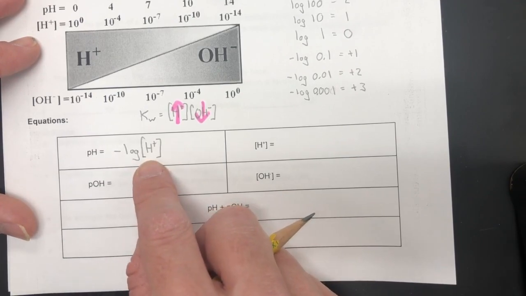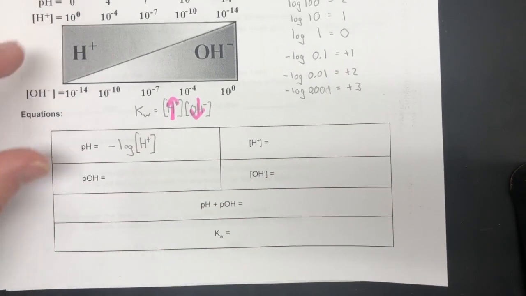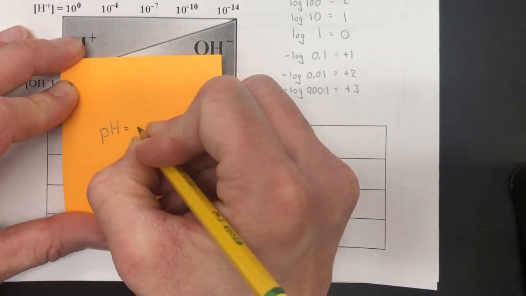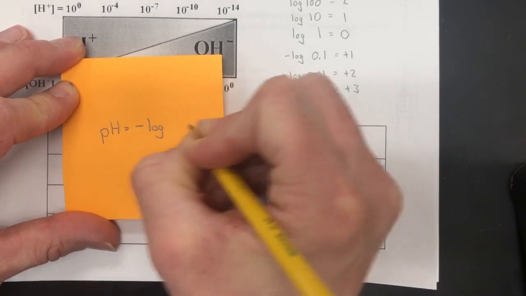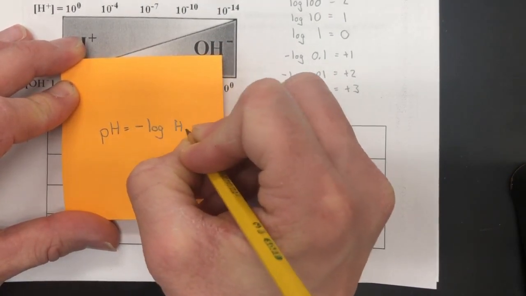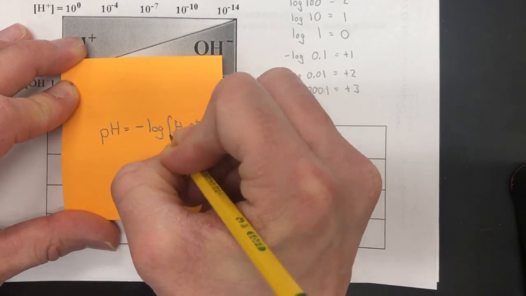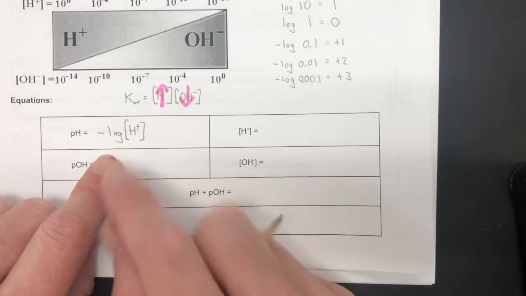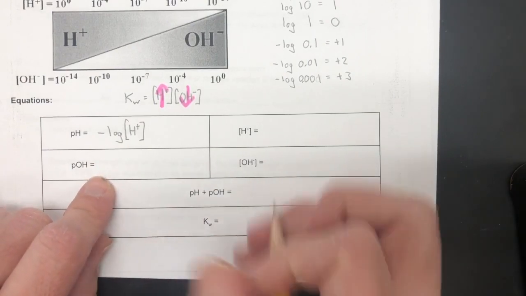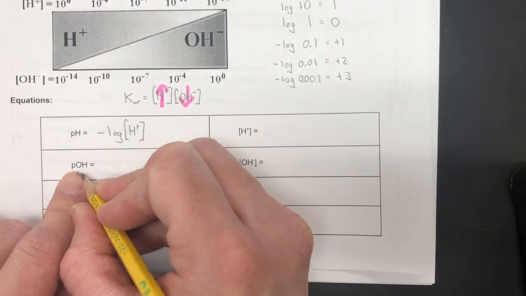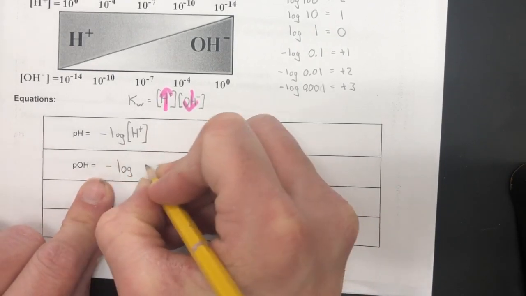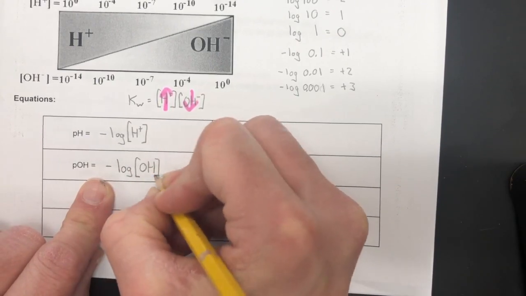So a lot of times you might see the pH equation written out like pH is equal to negative log of hydronium ion concentration. And again, that means the same thing whether we have hydronium ion or hydrogen ion. Those are interchangeable. We can also do, it's less common, but you do see it sometimes, pOH. That is negative log of the hydroxide ion concentration.